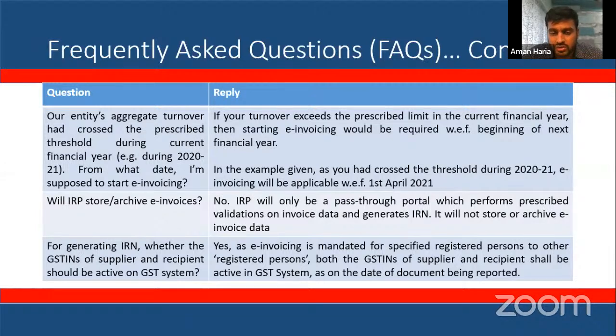What this FAQ clarifies is that at the time of generation of the e-invoice, it is mandatory that both the registrations of the supplier as well as the recipient are active in the GST system. Only then will your e-invoice be generated. If the GSTIN is not active, the e-invoice will not be generated, and you might have to disclose this transaction as a B2C transaction.